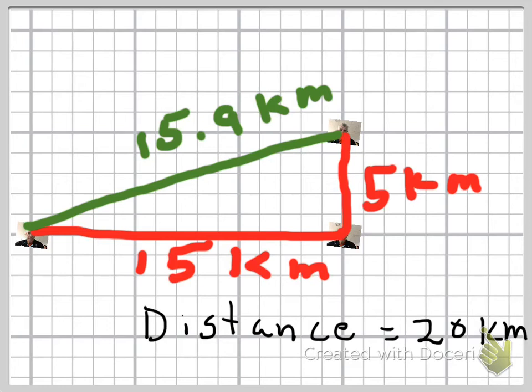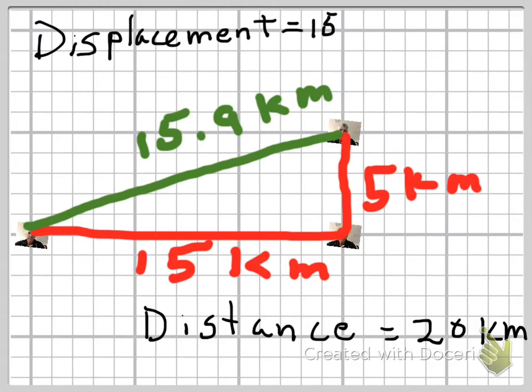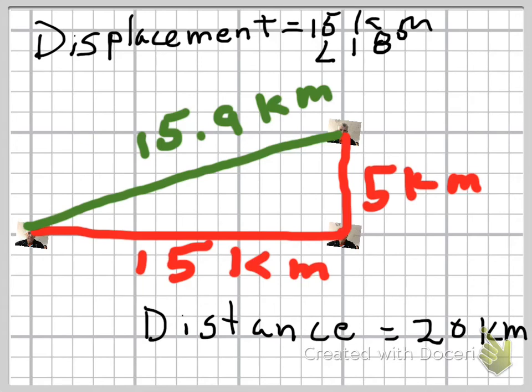Although that's not the complete description of displacement, because remember, displacement also has direction to it. It's a vector quantity. But by using a little trigonometry, we can also figure out that the displacement was at an angle of 18 degrees to the north.